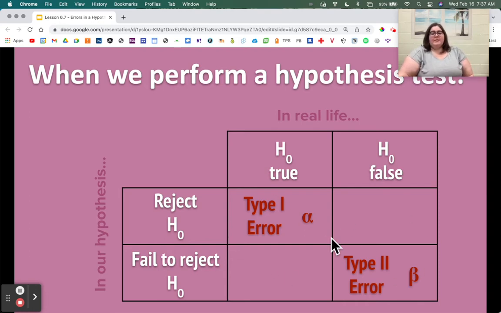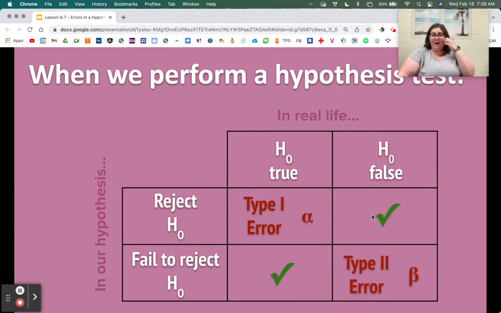The other two places are not errors. These are correct decisions. This is when we reject the null and the null is false. So we're good. We made the right choice. We went with the alternate and the alternate was true. The other place where we can make a correct decision is if we fail to reject the null and it turns out in real life the null was true. So we should have stuck with the null and everything's good.